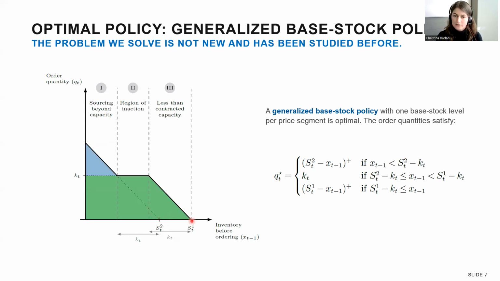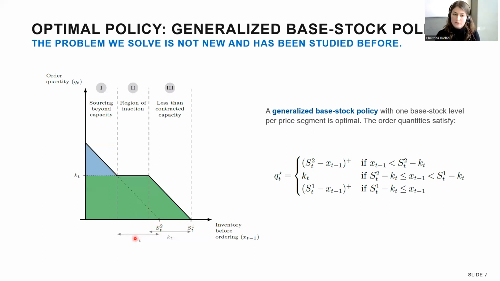So if we're in this region, then we order up to S1. If we would need to order more than the capacity to order up to S1, then for some time we only order exactly K units. And then if we are still below the lower base stock level when we order K units, then we go beyond the capacity and order up to S2.